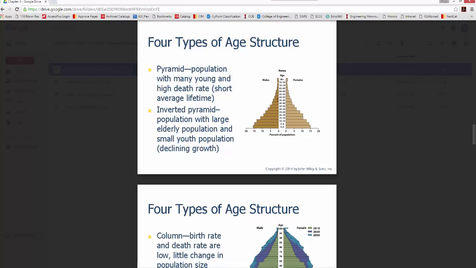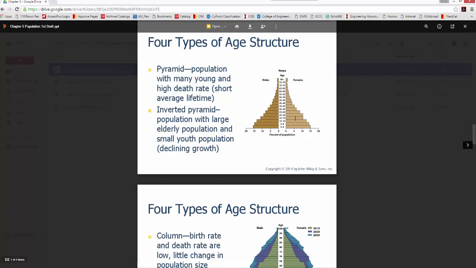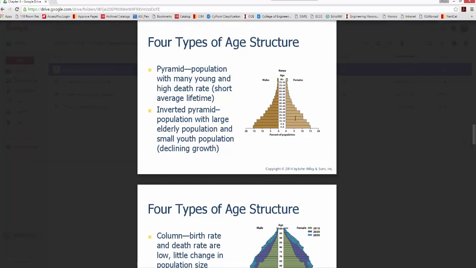In other words, we don't see a lot of people living to even middle age, and certainly not old age. So the age structure of the country of Kenya in the continent of Africa is made up of basically individuals under 30 years of age. So you start asking yourself, why does that happen? Well, we'll talk about that here in a few minutes.